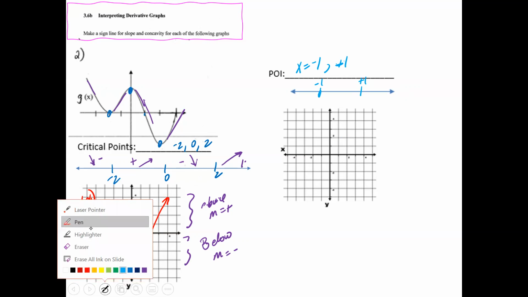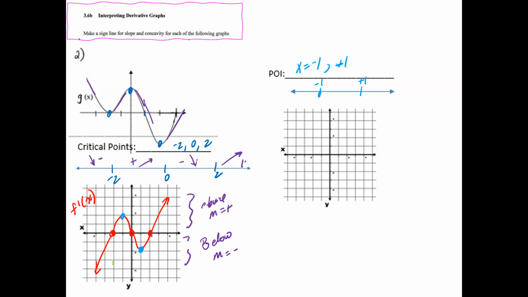Then we're going to look at the slope of this f prime of x: positive slope, negative slope, positive slope. So I'm going to put positive, negative, positive. Because on the left side of -1 it's a positive slope, it's concave up. In between -1 and +1, it is a negative slope, so it's concave down. And then +1 to the right side is a positive slope, so it's concave up.